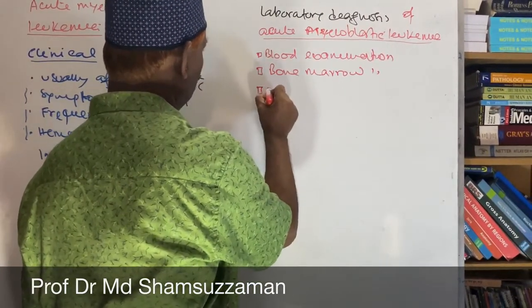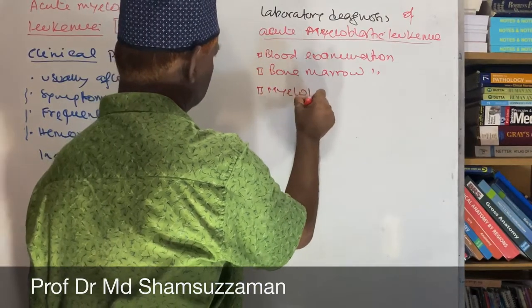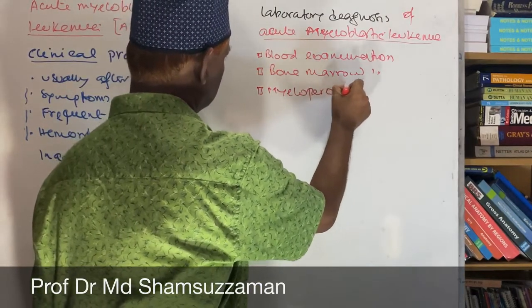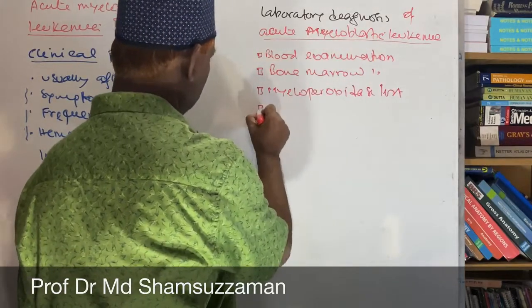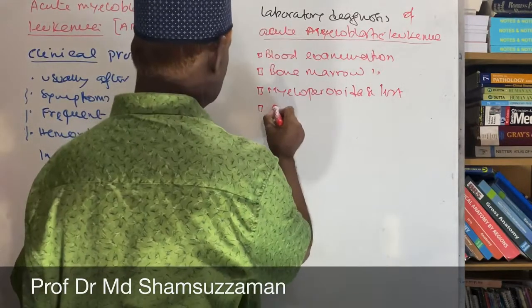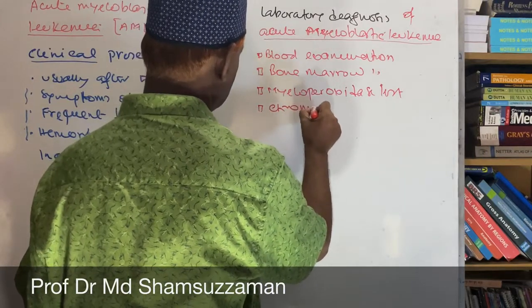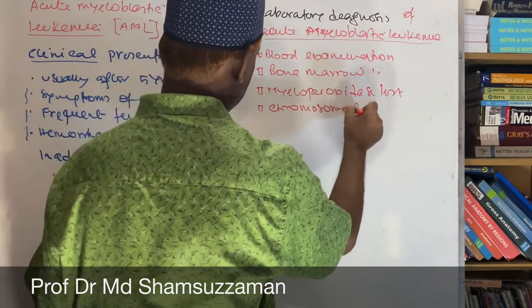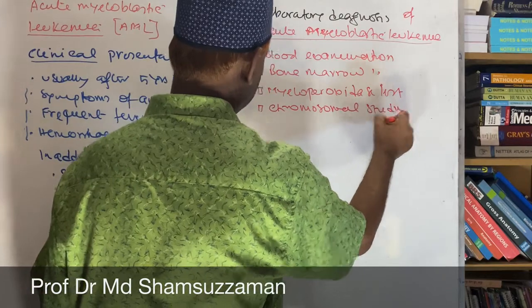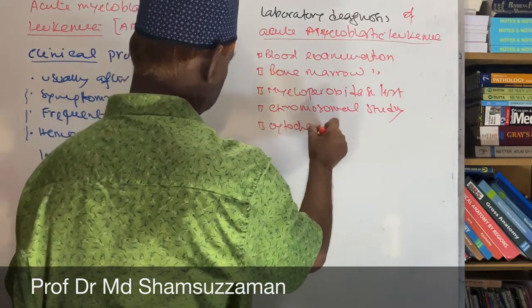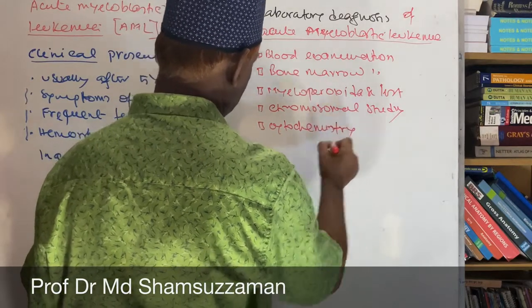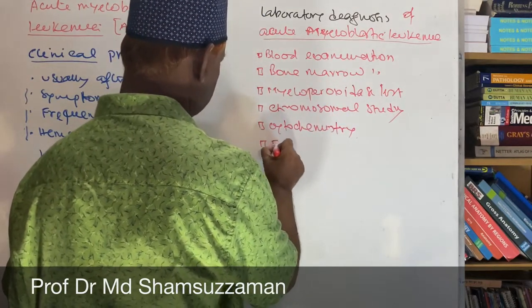Then myeloperoxidase test. Then we have to do chromosomal study. Then we have to do cytochemistry. Then we have to do flow cytometry.